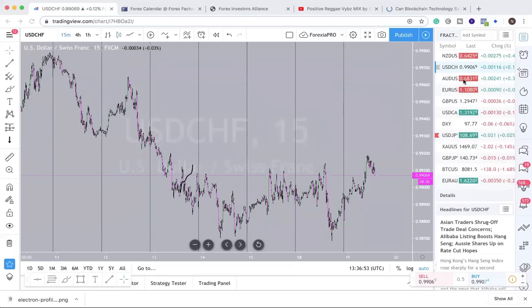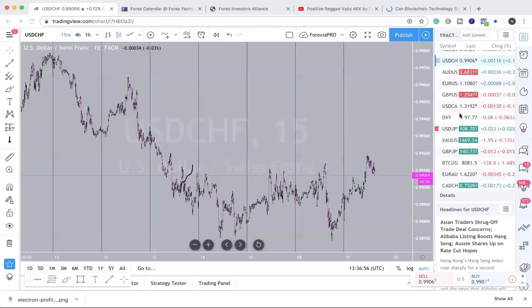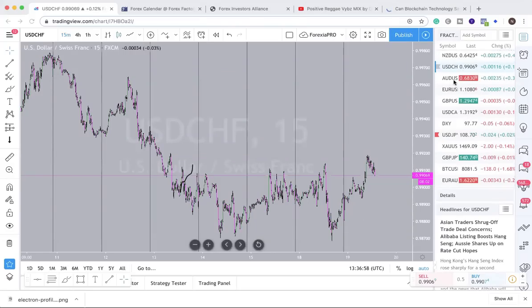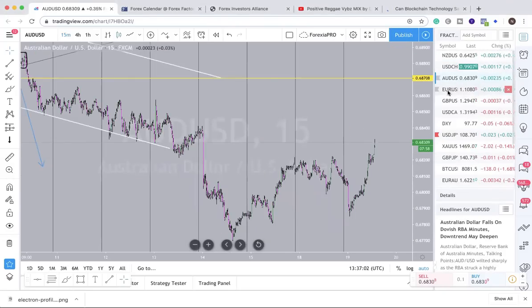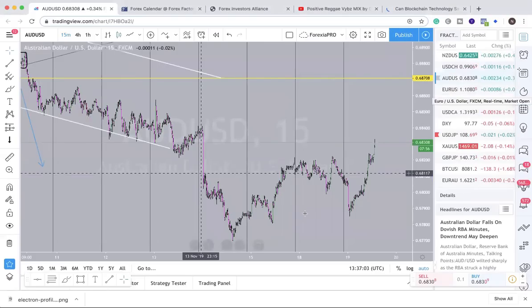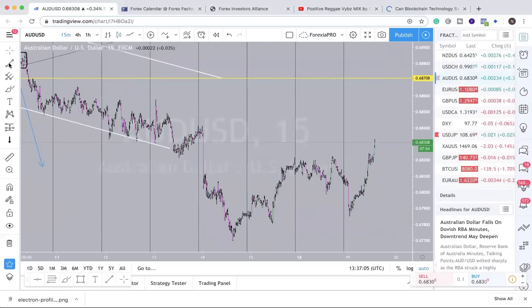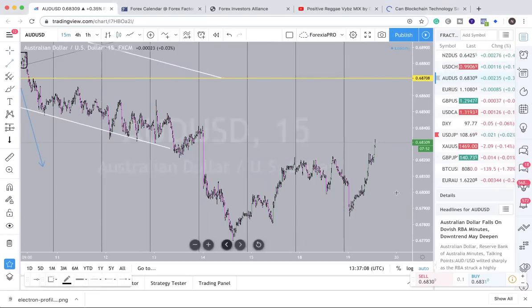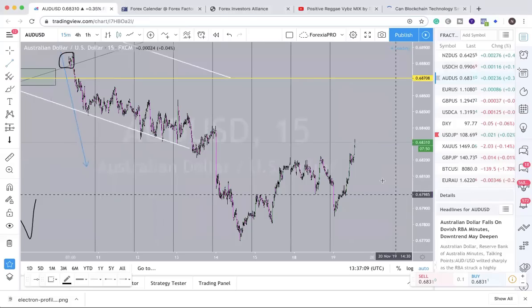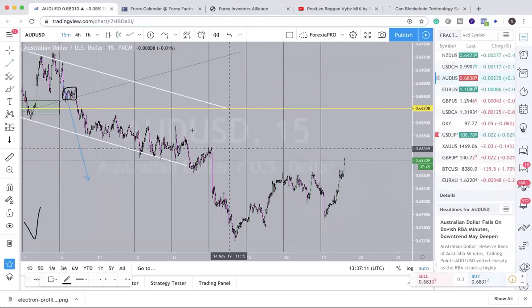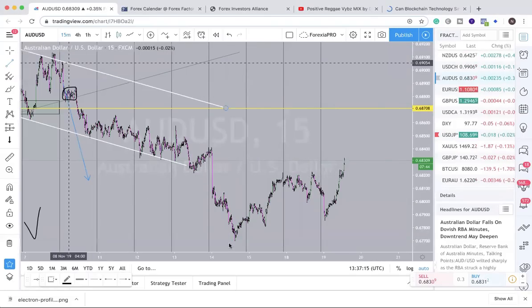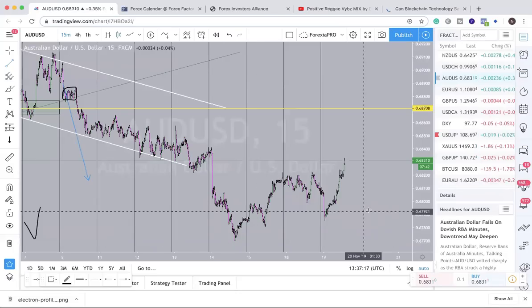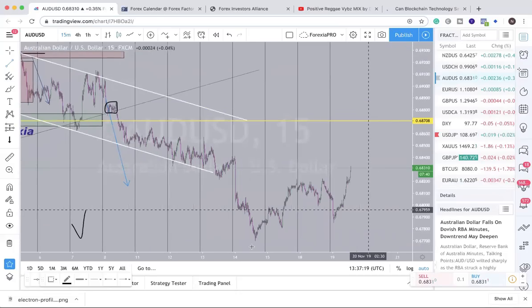So that's why I have a pretty big watch list, but I look through it really fast. I just flip through it because I like to see when the pairs are either working the highs or the lows of the day, the previous day, the week, and whatnot, because this is where the liquidity is at. And what we go for are reversals.